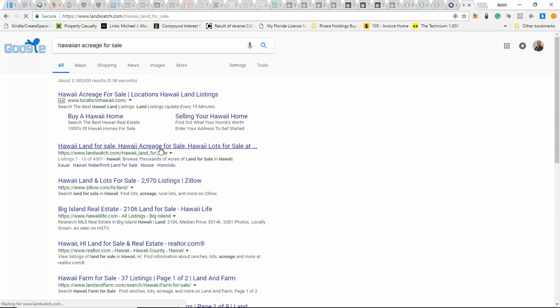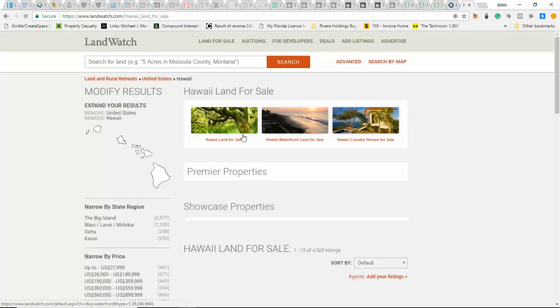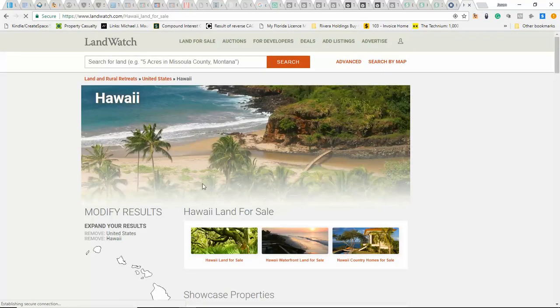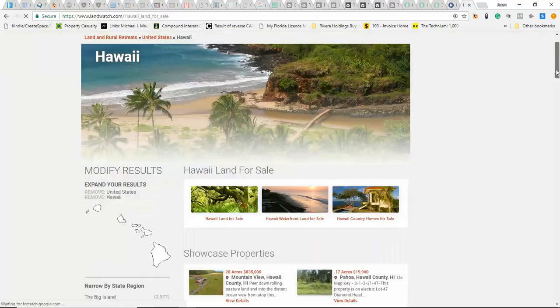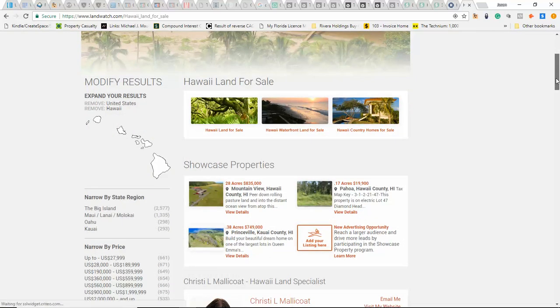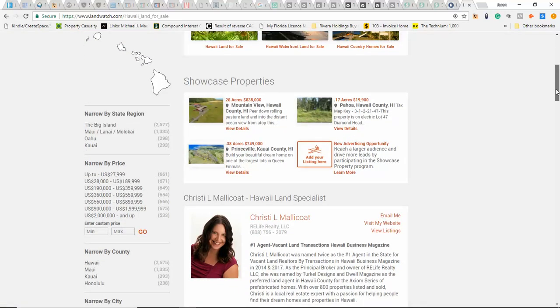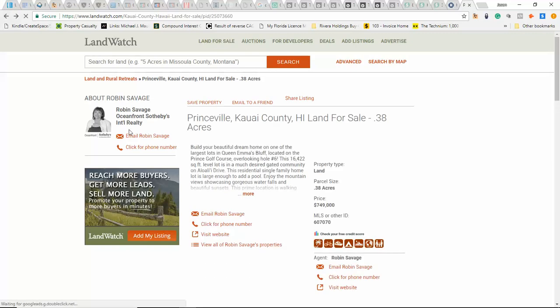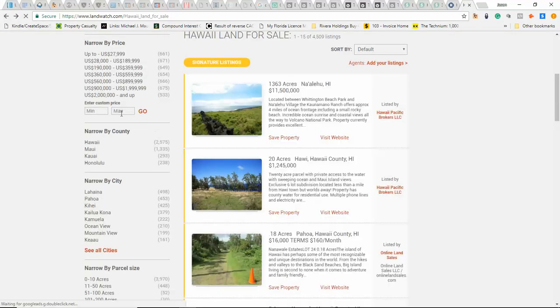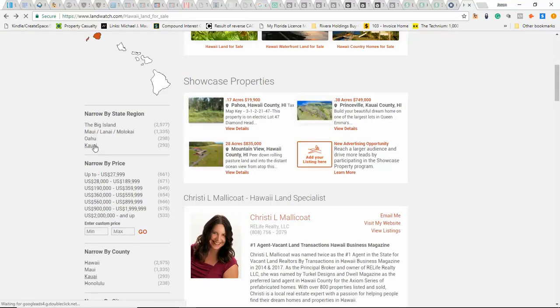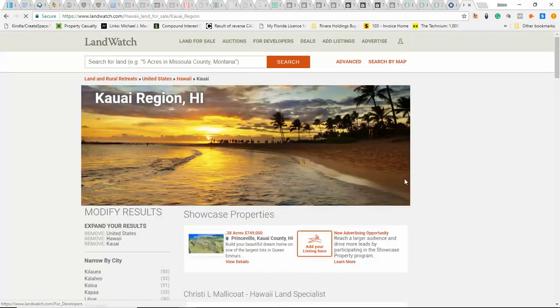I would, again, if I was doing this for real, actually go find the specific island and get as close to the actual property as I could, and I believe it was on Kauai, if I remember correctly. Oops. And again, all these are regional and local things, so these will all look different. If I remember correctly, this was on Kauai.